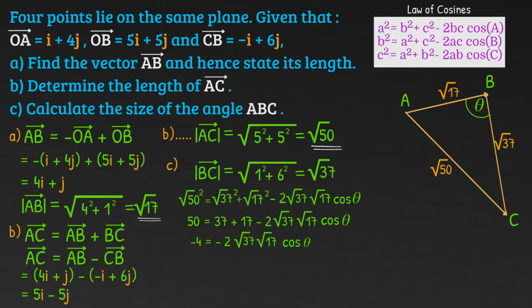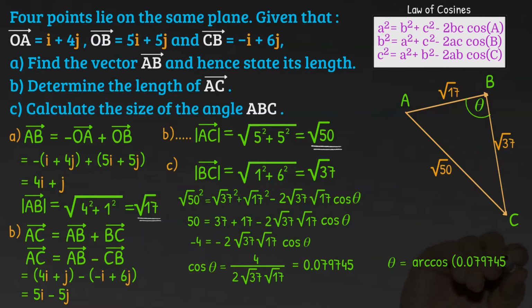Then if we rearrange for the cosine of theta, that is equal to 4 divided by 2 root 37 root 17. And putting this into a calculator, we get 0.079745. So theta is the arccos of that number, which is 85.42 degrees.